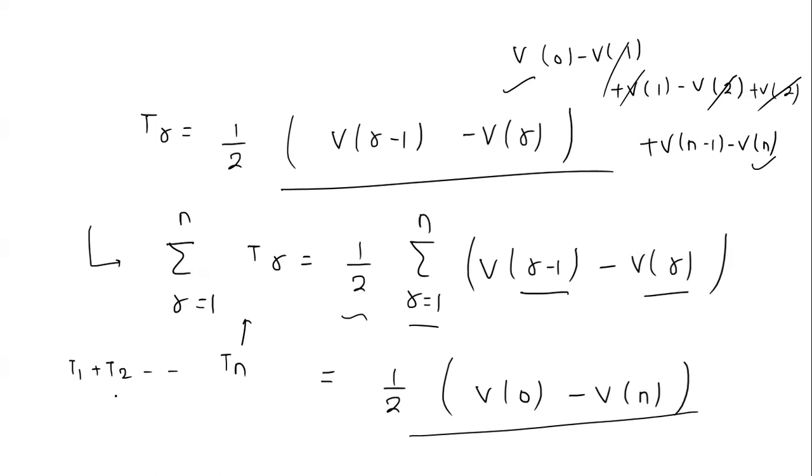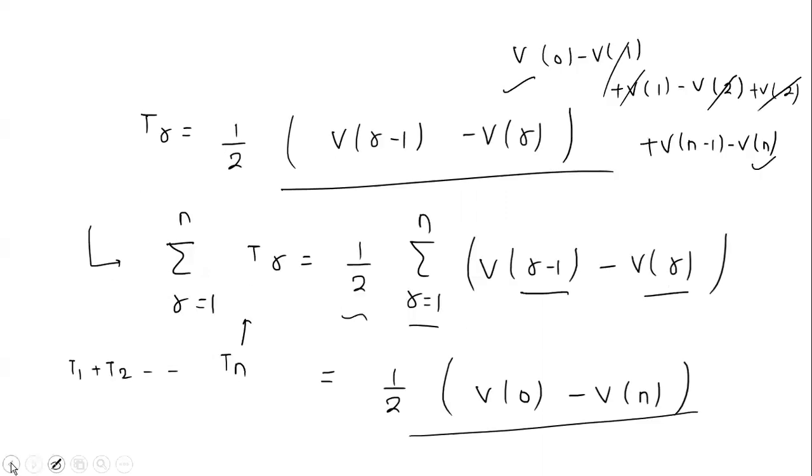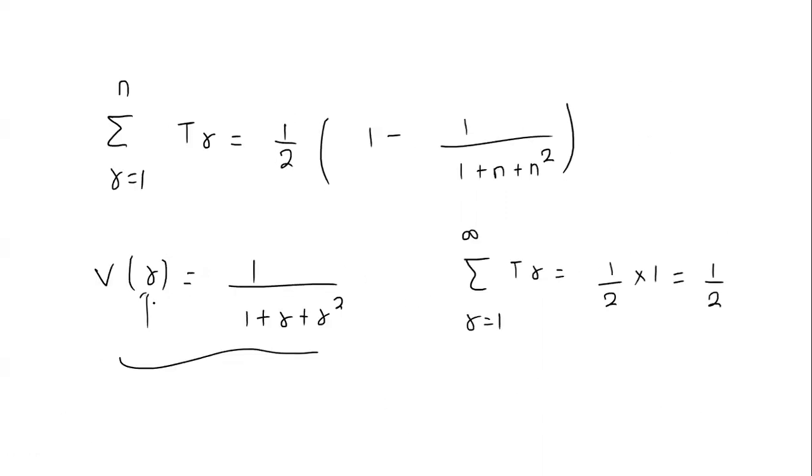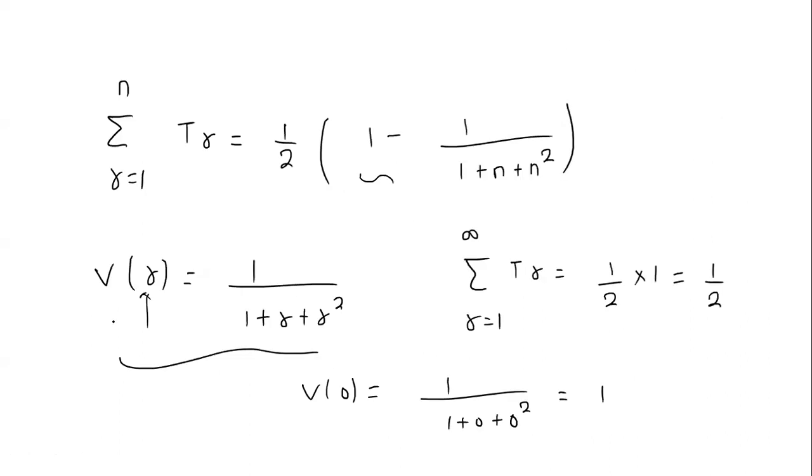and the remaining thing is only v of 0 and minus v of n, with the half factor outside. So this is the summation of n terms, and we know v of r as this. To calculate v of 0, you can put r is equal to 0 here, and you get v of 0 as 1 divided by 1 plus 0 square, which is 1. So I can replace v of 0 by 1, and to calculate v of n, you replace r by n, and it becomes 1 divided by 1 plus n square.